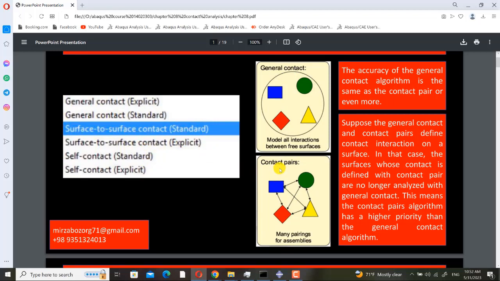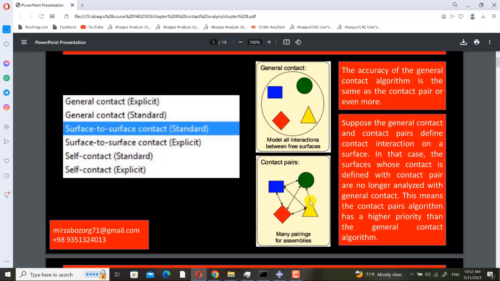Surface to surface contact's other name is contact pairs method, because we define a contact pair between each two bodies, okay? In general contact, we only define one contact, and then all of the contacts will be accounted automatically. But this is not automatic. Contact pairs method is not automatic. Here you can see that contact pairs are defined.